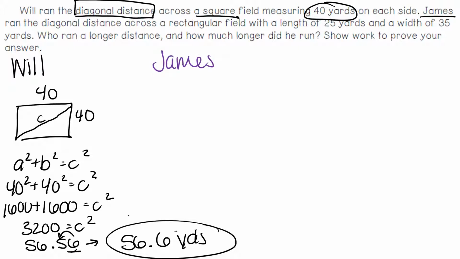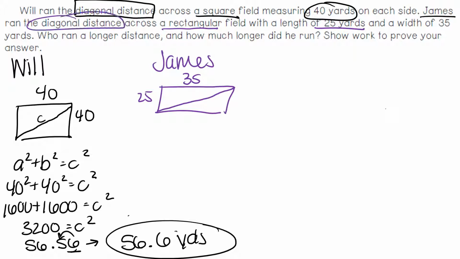For James, it says that he has a rectangular field. So we draw a rectangle. We label it the 25 yards and the 35 yards. And he also runs the diagonal distance. We're going to use the Pythagorean theorem.